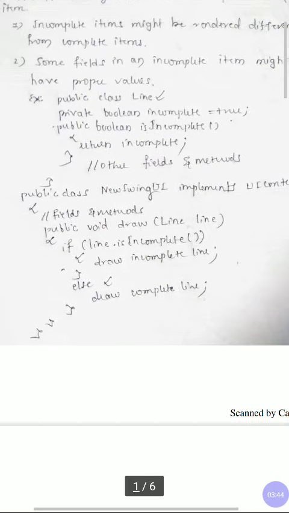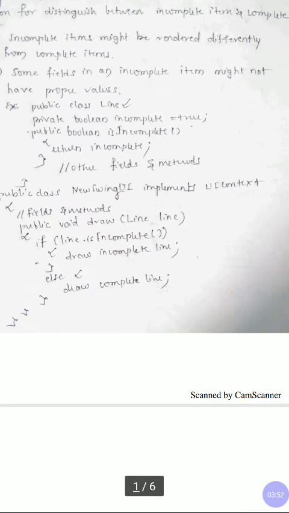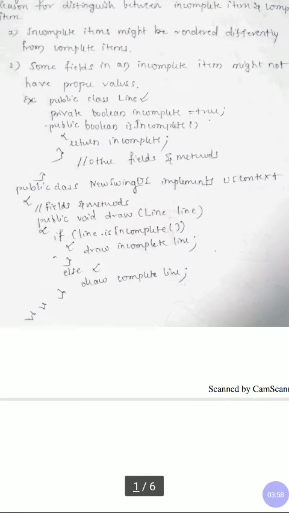And one more class we have is public class NewSwingUI. It implements the interface UIContext. After that I am going to draw a line here. Public void drawLine. The if statement has the condition line.isIncomplete, which calls the isIncomplete method.